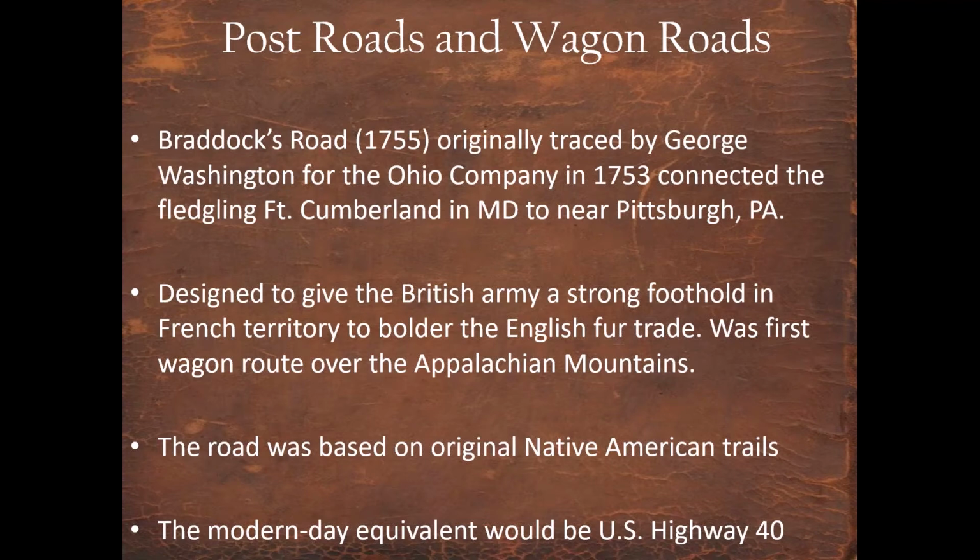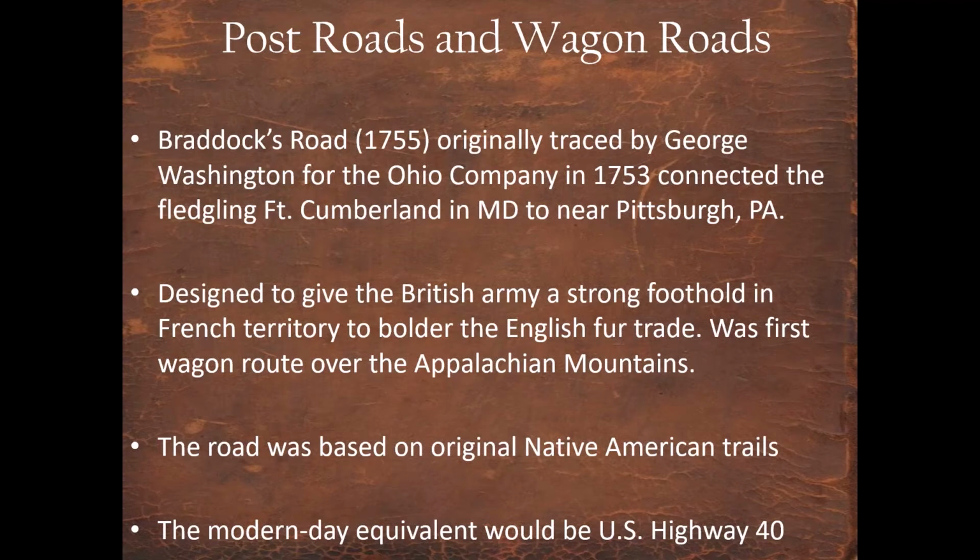George Washington's job is to figure out a route to get from Fort Cumberland, which is in the process of being built at this time, up to Duquesne, where there's a French fort near Pittsburgh. So while there are Native American trails and French trails, his task is to find a better, smoother route so that they can take those old Native American trails and turn them into a wagon trail.